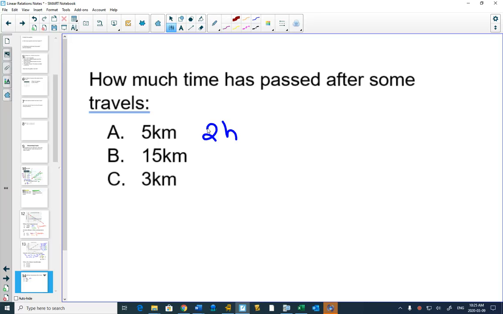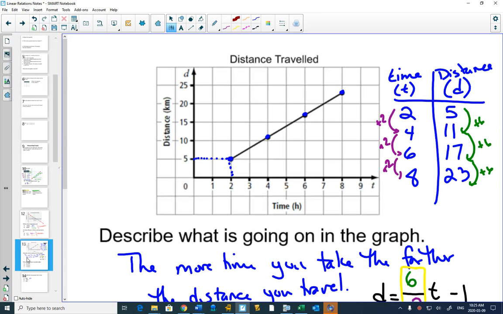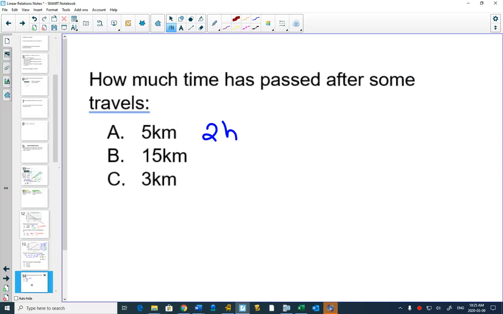I'm going to switch colors to green. 15 kilometers is here. I go across, hit the point, go down. It doesn't quite look at 5.5, does it? Maybe I'll do 5.4. 5.4 hours.